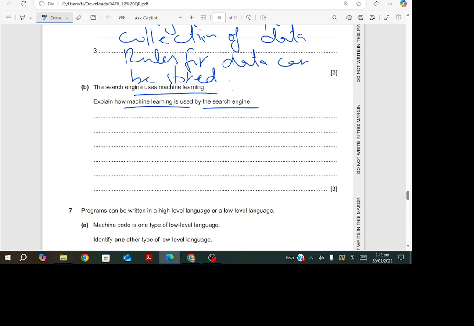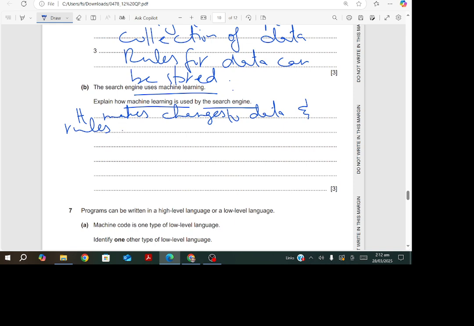How does machine learning work? Basically, it makes changes to the data and rules.